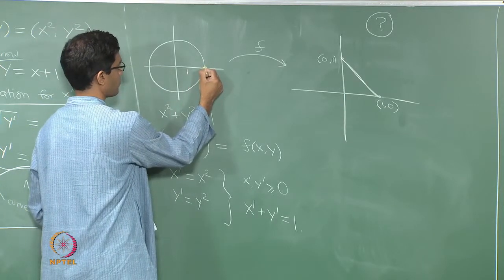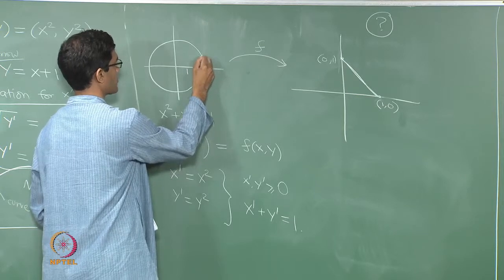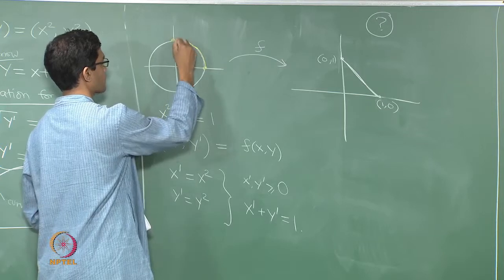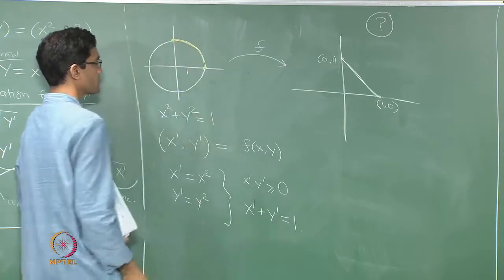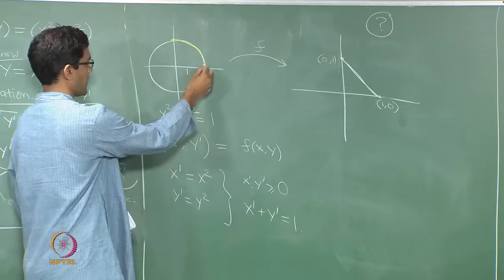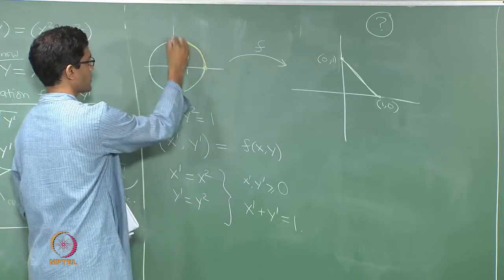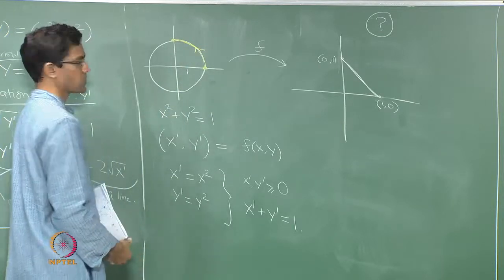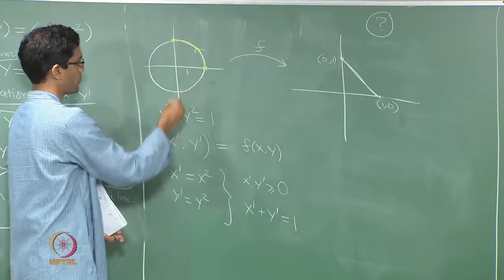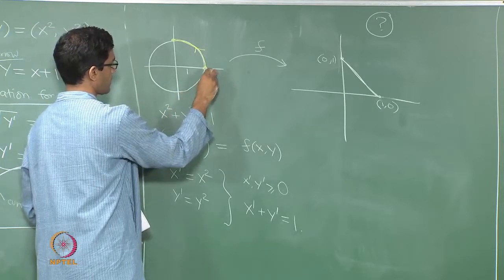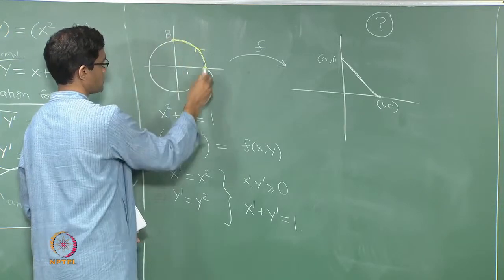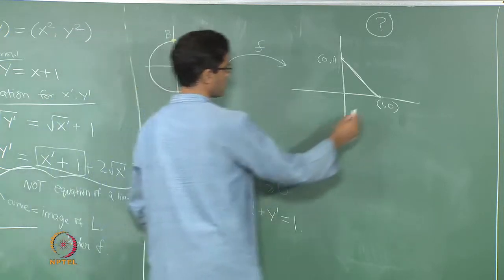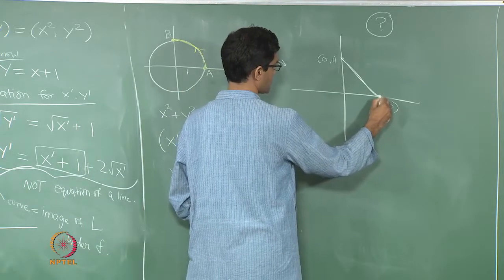So, let us look at the 4 parts of the circle, the 4 quadrants. Here is the yellow portion, as x and y both live in the first quadrant, and let us say I move from this point here towards the point above, say I move like this along the circle. Let us see what happens to those points. So, this point A, which is the point 1 comma 0, under this function f maps to 1 comma 0, I square both components, I get this point.